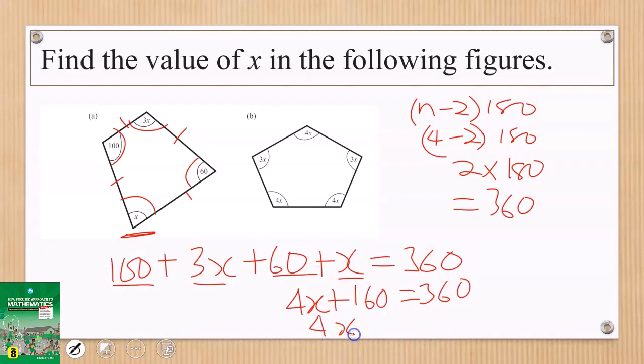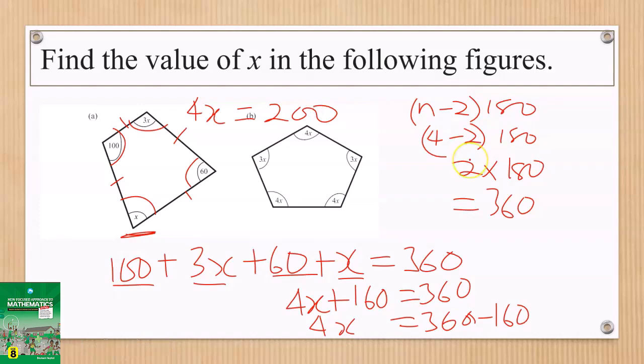Now when we group like terms, we have 360 minus 160. What is 360 minus 160? That will give us 200. And so our 4x should be equal to 200. And when we divide both sides by 4, we'll know what x is. So dividing here by 4, dividing here by 4, our x becomes 50. Okay, that is our answer for the first question.